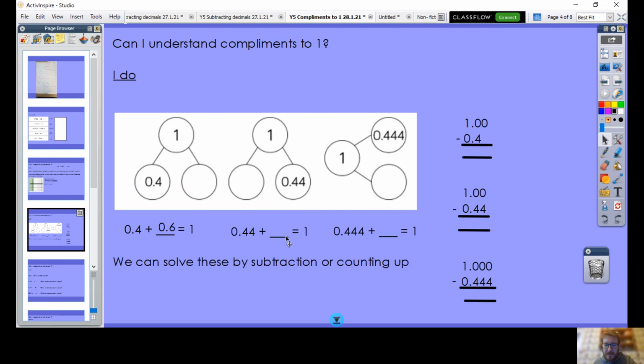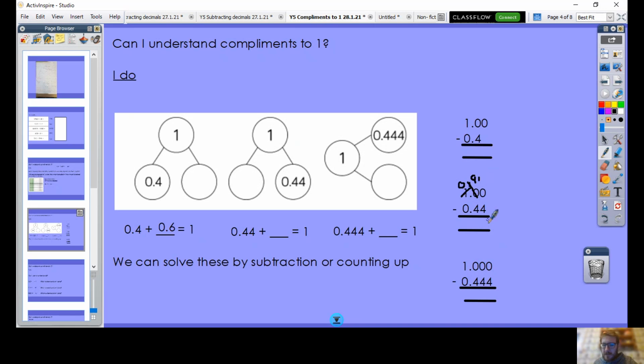0.44 add something equals 1. So again, I might think about my number bonds, or I could try it with a subtraction. So if I think about it as a subtraction over here, I've got 1 as a decimal, so 1.00, take away 0.44 will give me what the missing value is here. If I were to complete this subtraction, it means lots of exchanging, which isn't ideal, so there are more efficient ways of doing it.